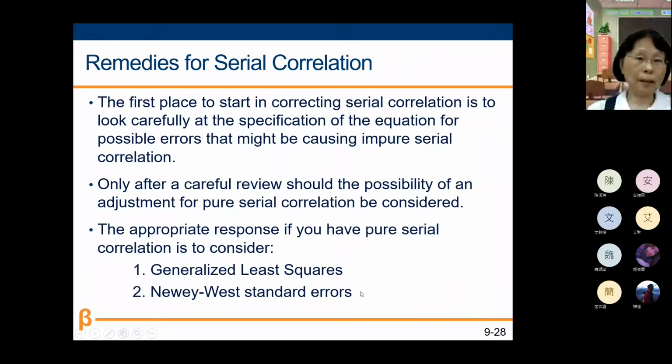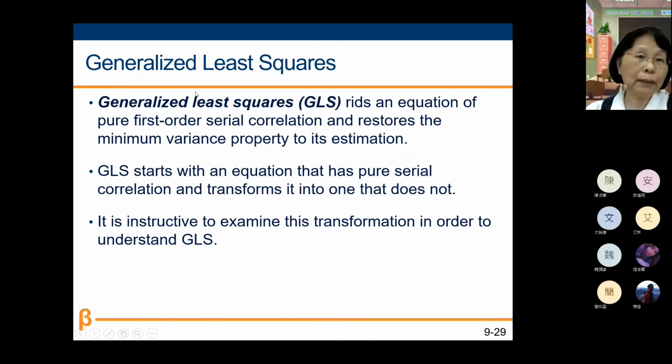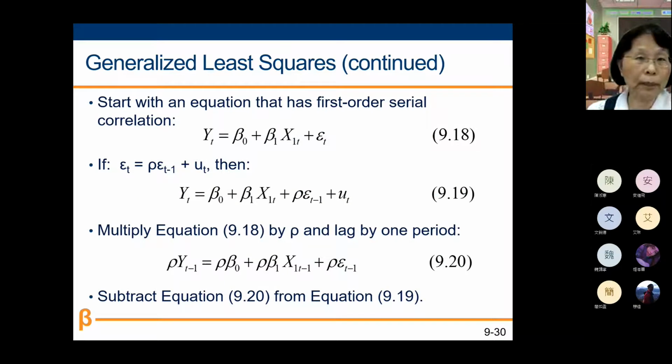We are going to introduce these two methods, generalized least squares and Newey-West standard errors. What is the generalized least squares method? I think I need to use some of the equations from our textbook or from the screen here.